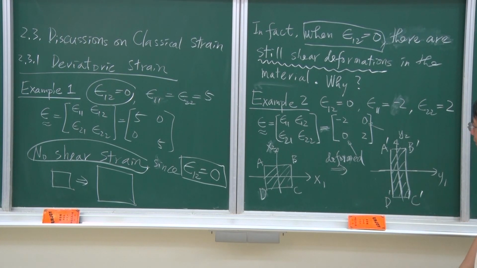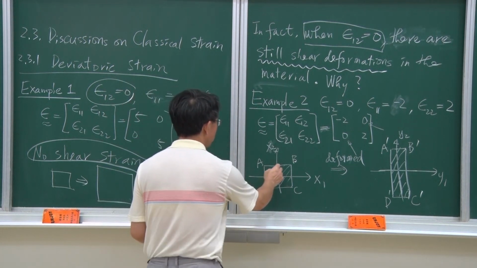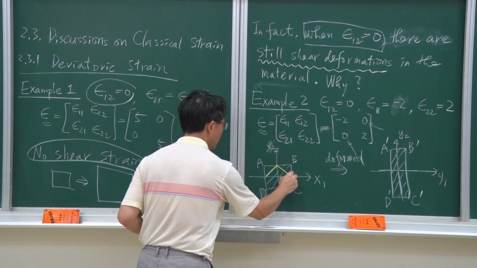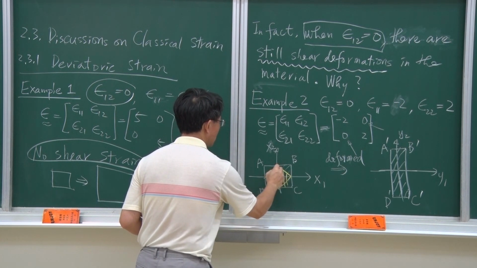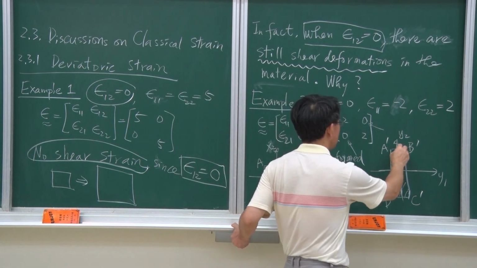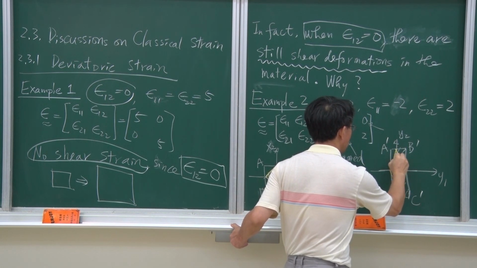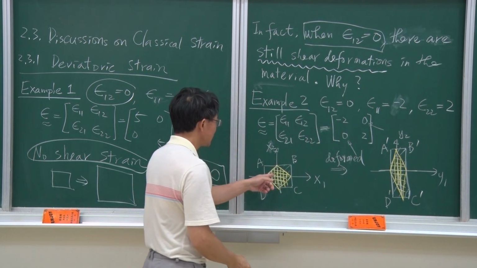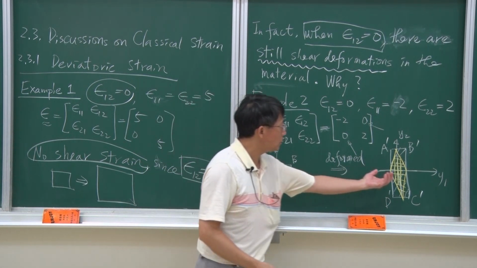So see here, we still have shear deformation because if we draw a square inside the body, then you will find out that this yellow material has already deformed in this way.